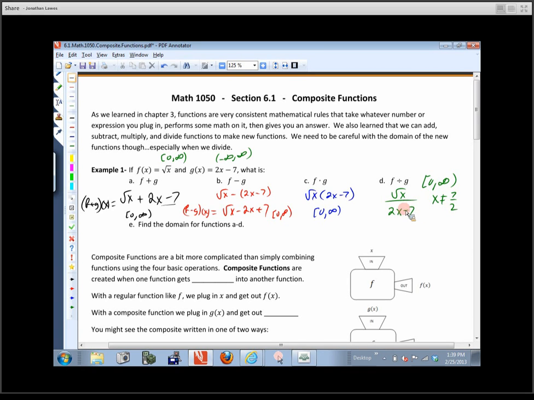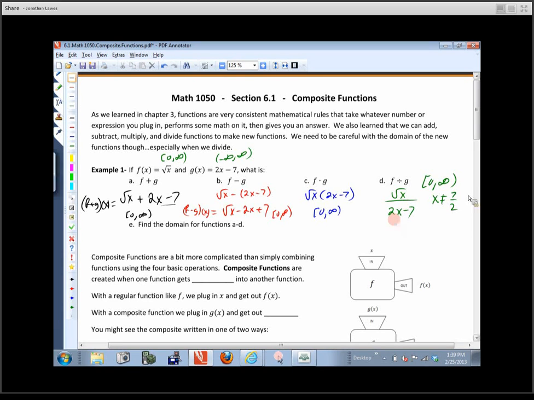Because g of x ends up on the bottom, we have to be careful. Yes, you could plug anything you want in there to begin with, but now what comes out of here can't be a 0. We can't produce a 0 in the denominator. So when we start doing all of these algebraic operations with functions, you have to be pretty careful about domain issues. You've got to keep an eye on that.